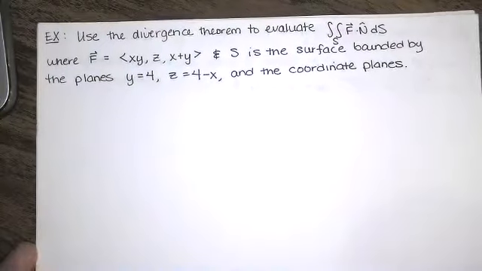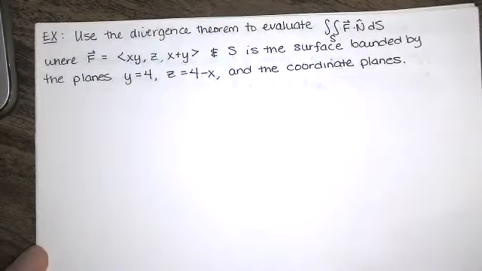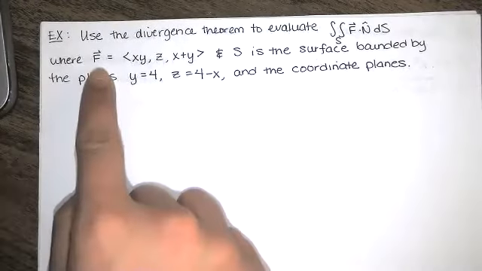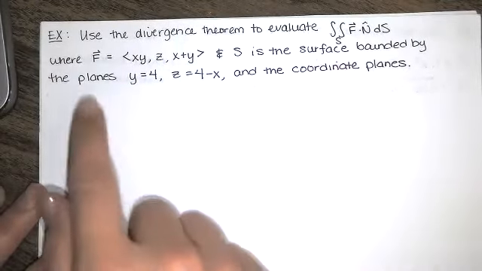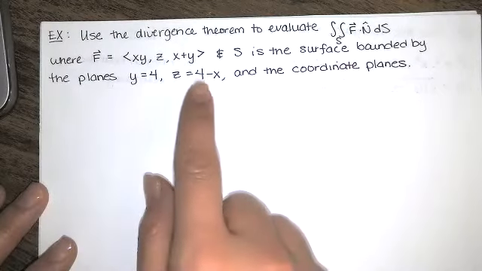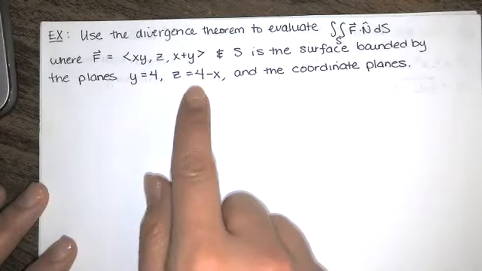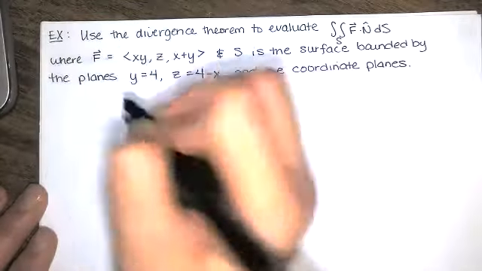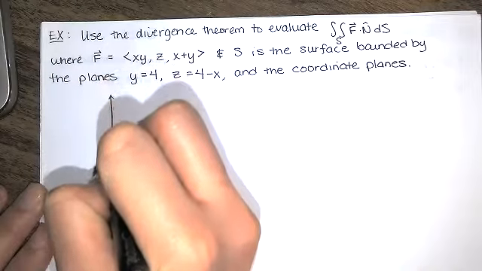Let's actually apply that. Here's a question that says, use the divergence theorem to evaluate the flux surface integral of this field, where S is a surface bounded by the planes y equals 4, z equals 4 minus x, and the coordinate planes. So what do we have here?